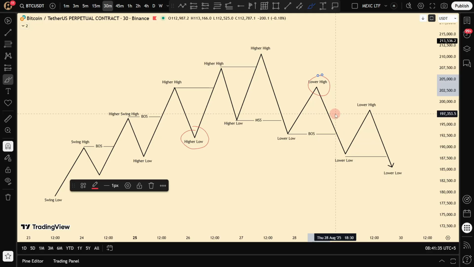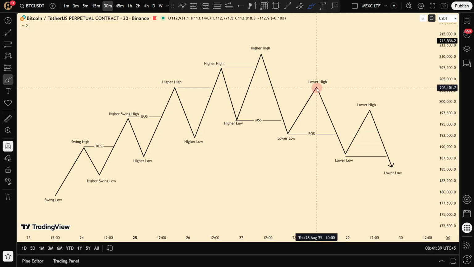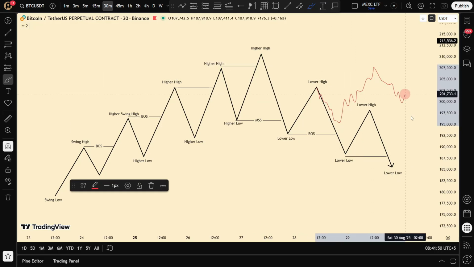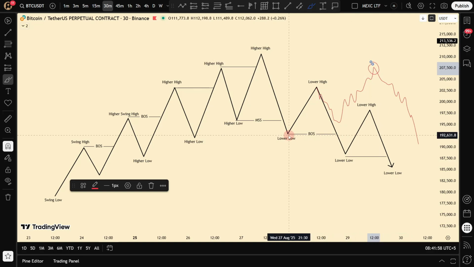So why does that happen? Because you don't know where the high would be in a downtrend, because price could do this and just go back up again, and then come back down. So in that case, this would be your swing high. Why? Because this is the highest high before the low was broken again.